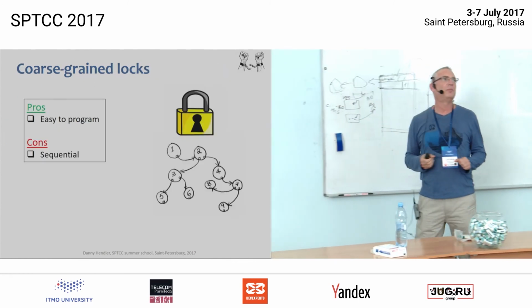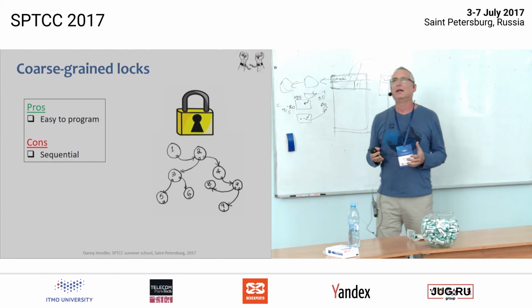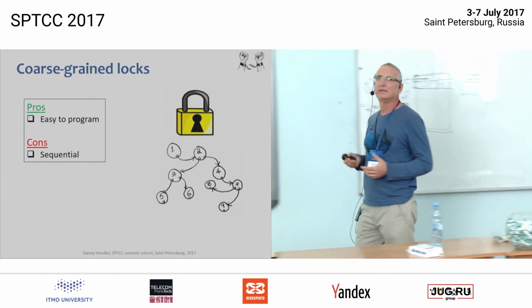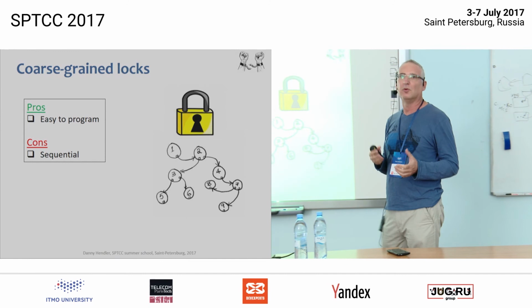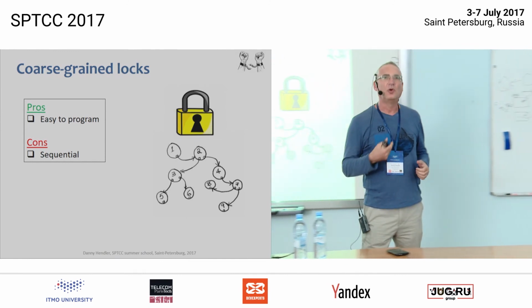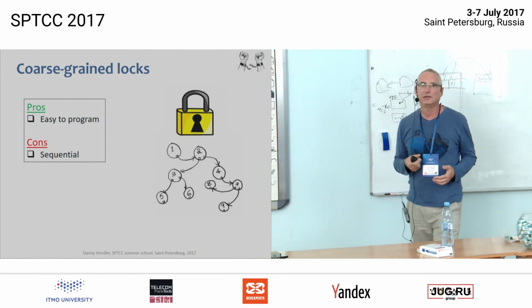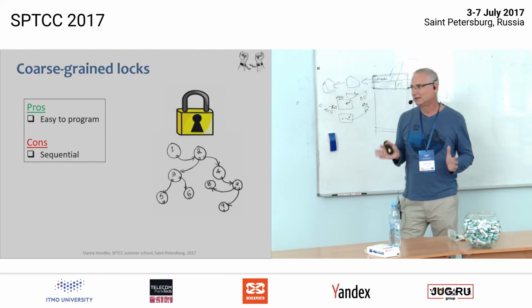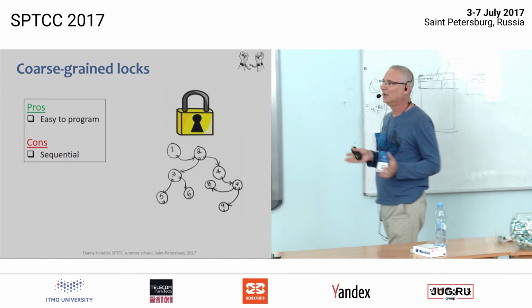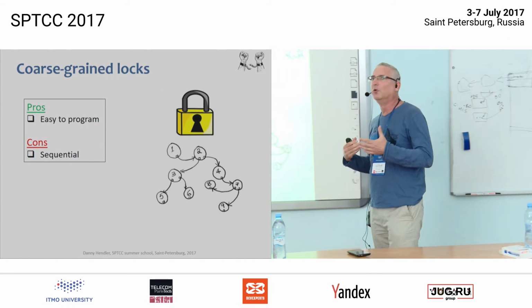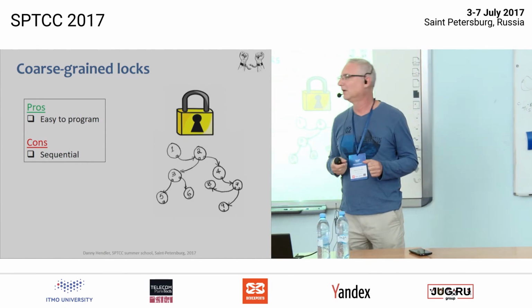So just to recap quite quickly, what is the problem with lock-based programming, or what is the trade-off? On one extreme, we may use what is called coarse-grained locking. So we may protect the whole data structure using a single lock, or full procedures using a single lock.